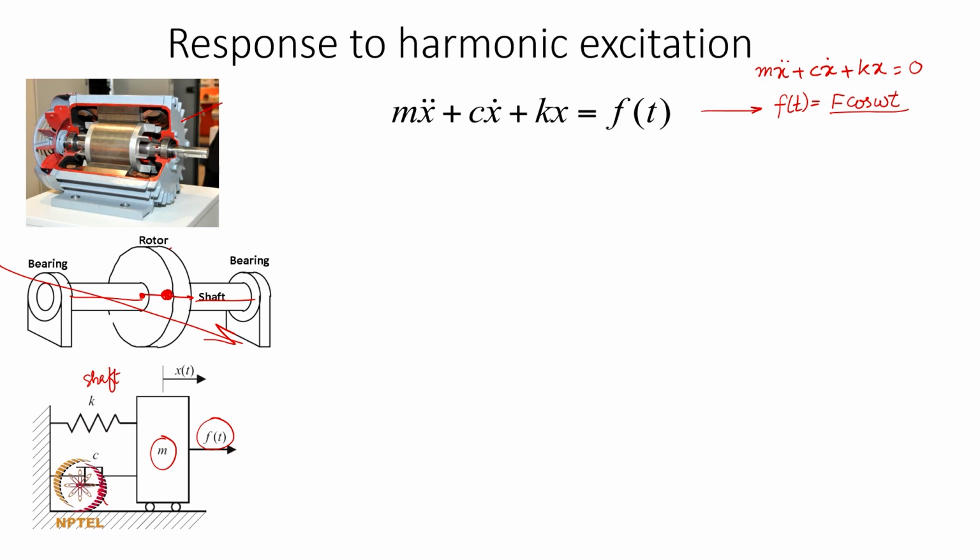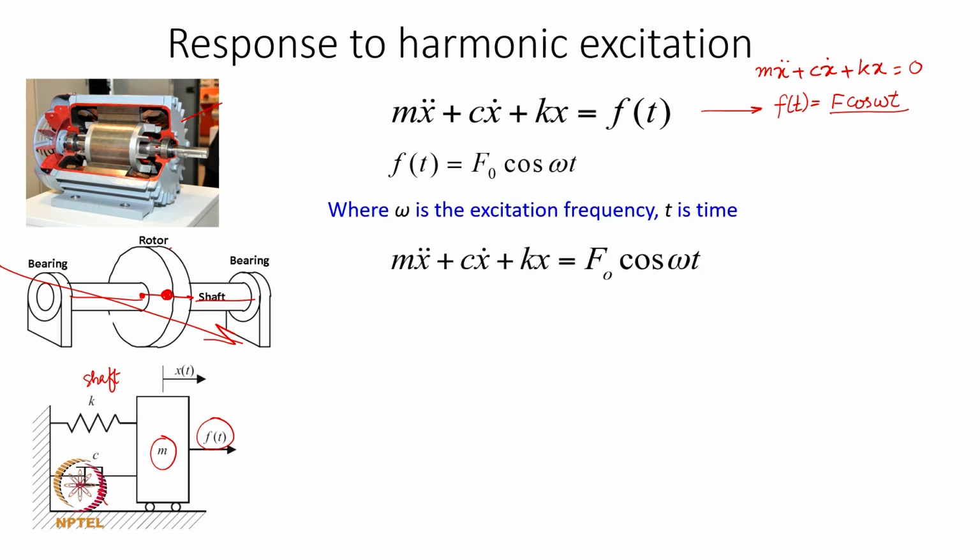Now, there are ways in which this forcing function is represented. It can be represented as F naught cos omega t, where F naught is the amplitude of the force. That F naught can be any value. In a rotating unbalanced case, it can have an amplitude equal to m e omega square, where e is the eccentricity of the unbalanced mass, and that amplitude can be obtained numerically using these terms.